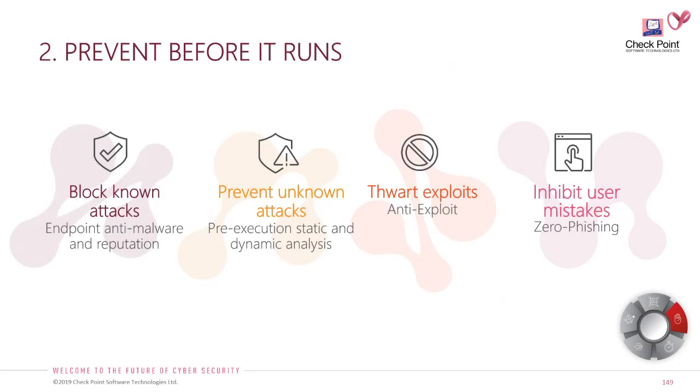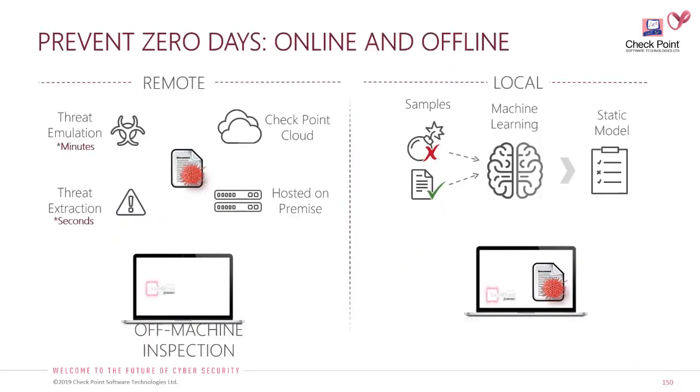So here we have pre-execution predictive machine learning techniques to block the attacks, and then anti-exploits and web exploits can be prevented, and zero phishing is also there. So these four detection mechanisms will be used to prevent the attack before it runs, before the attack happens.